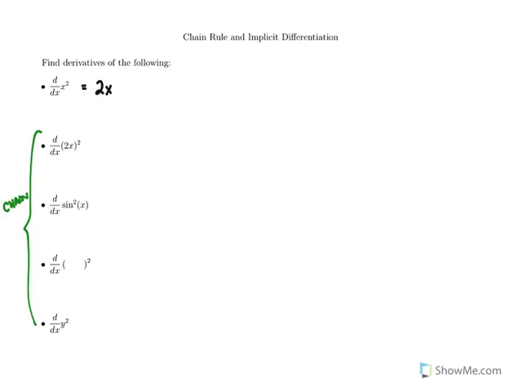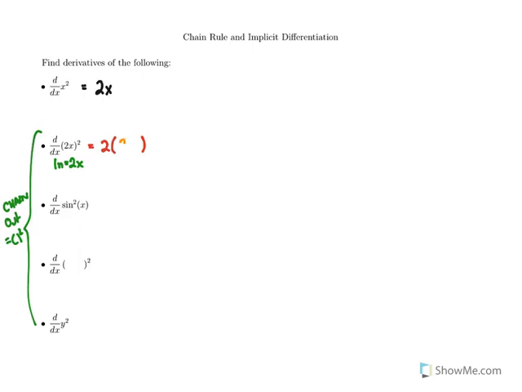So in the chain rule, the outside function in all these cases is something squared. The inside function changes. Here we have 2x. So the derivative is going to be the derivative of the outside, 2 times the something.